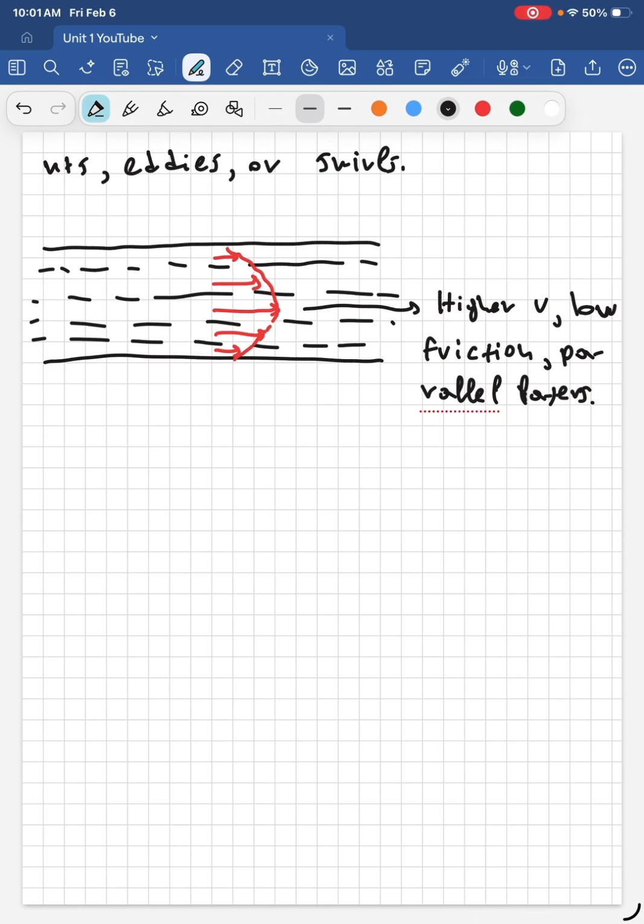Okay, we then have a turbulent flow. So flow is chaotic and unpredictable.